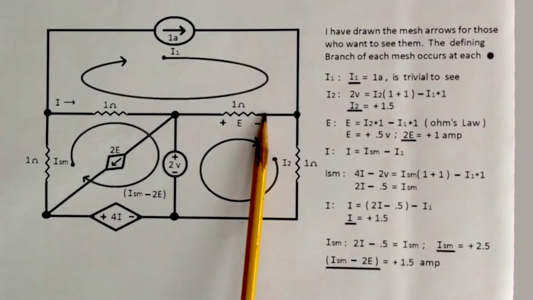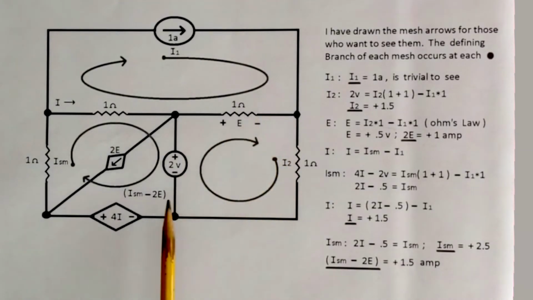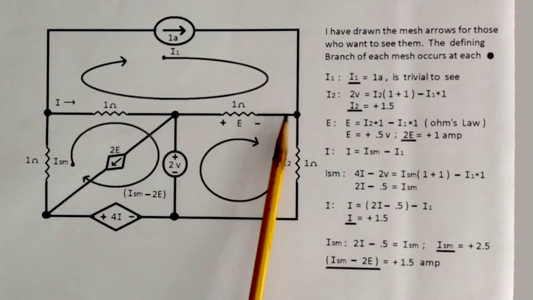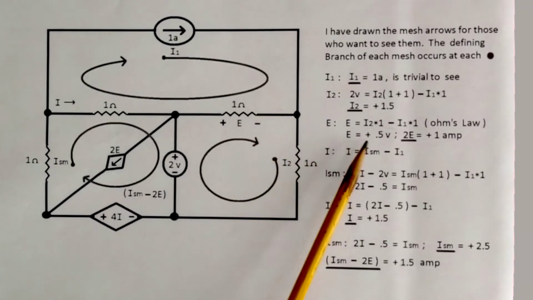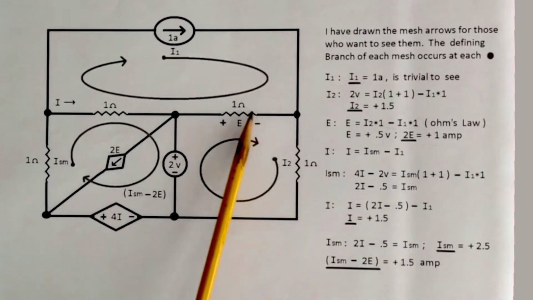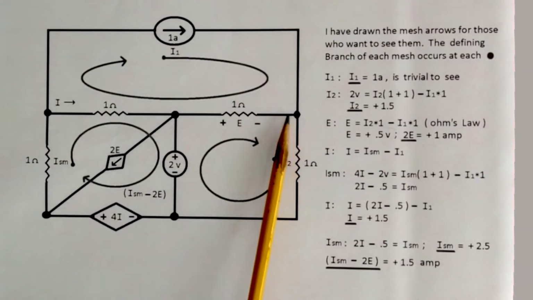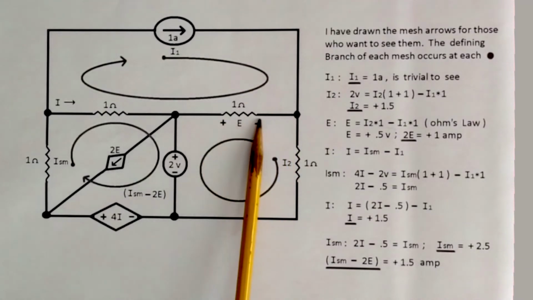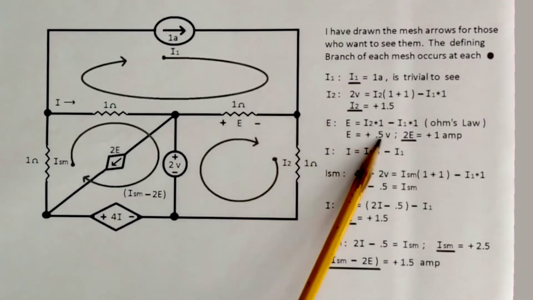We have two choices to define a current here. Somebody can say, well, I want the current to enter the node. Someone else says, well, I want the current to be exiting the node. We know I1 enters and I2 exits. Regardless of what we choose here, the E voltage is always going to be positive 0.5 volts. If we choose a branch current entering this node, we're going to have a positive current going this way, which of course gives us positive Ohm's law, and we're going to end up with plus 5 volts.